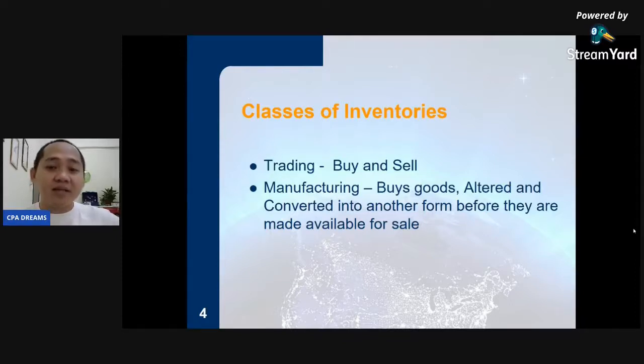You bought materials and then converted them. Once the item you bought undergoes alteration, you are considered part of manufacturing, and you will have finished goods that you can now sell. Usually, wholesalers are also manufacturers, and then you, the retailer, sell it, so you are in a trading business. If you are a student, actually, you can do this now.